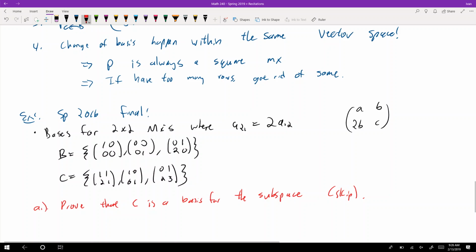And then part A says show that C is a basis, so you just have to run through linear independence and span, right? Why can't we use the theorem for part A? Right, remember that one theorem? It was like if you know the dimension and you know that they're linearly independent, then they automatically span. Why do we have to show independence and span explicitly?